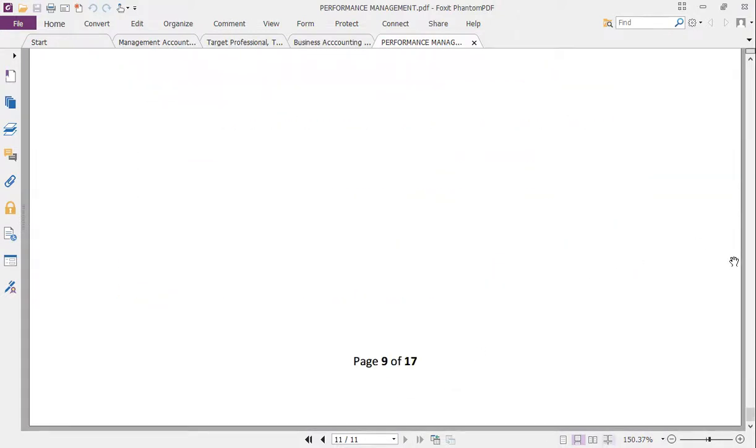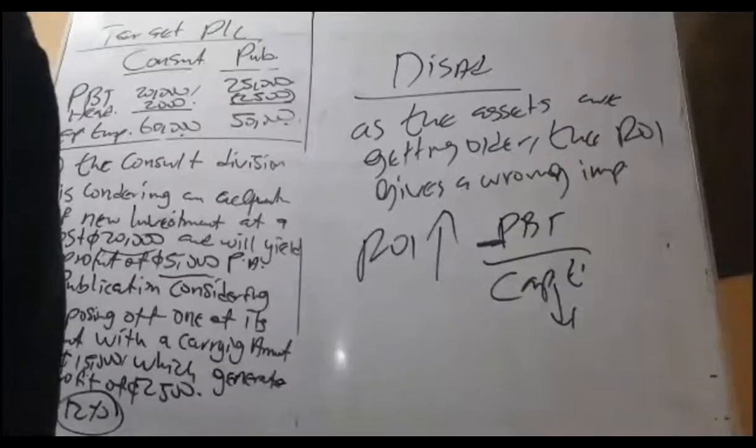Good. Now let me go through the last sentence question, and then we are done. That's the end of management accounting, and that is the end of performance management. Great.